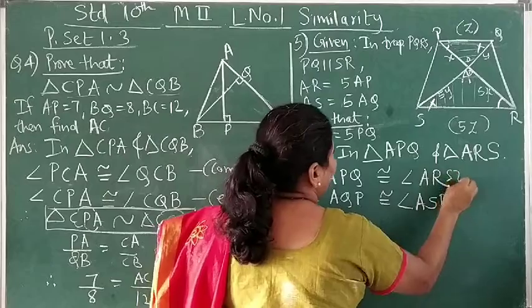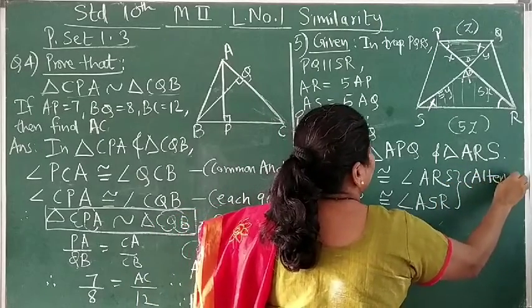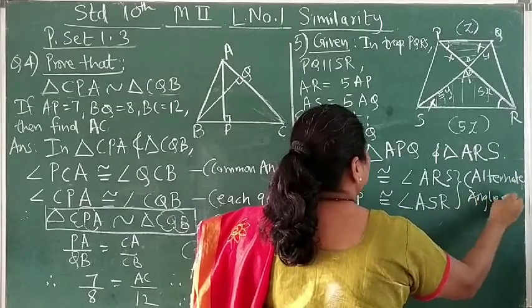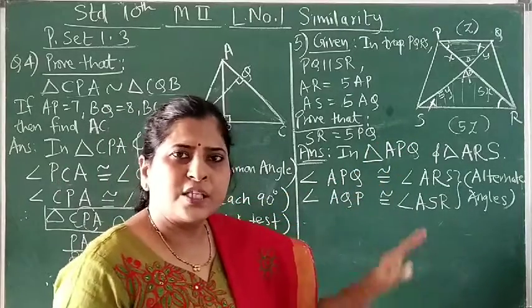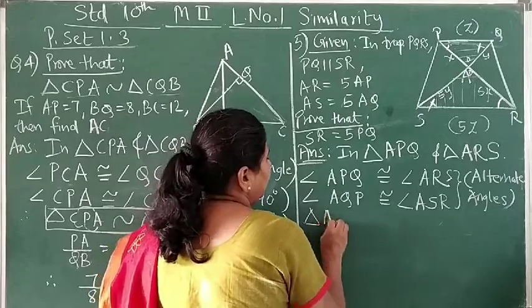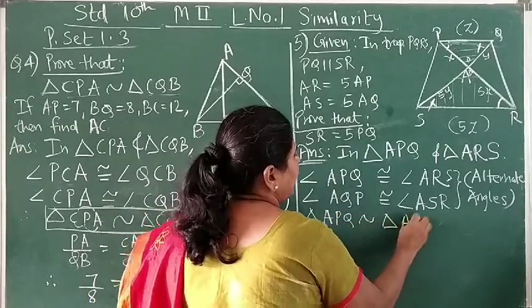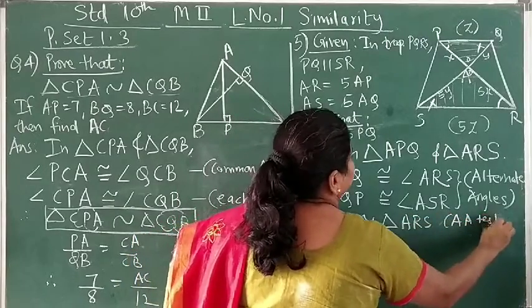Both these angles are congruent because they are alternate angles. The reason is the same, that's why I have selected these two angles. Otherwise we can select angle A also as vertically opposite. Fine. Now with the two angles we can say triangle APQ is similar to triangle ARS by the AA test.